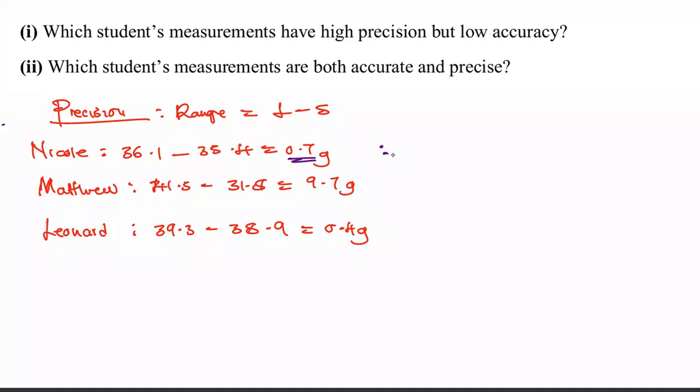The difference is very small, so Nicole had high precision. Then Matthews, you can see the difference is very big. We can't tolerate this, it's too big, so low precision. Then Leonard, the difference is 0.4. It's very small, so this guy also had high precision.